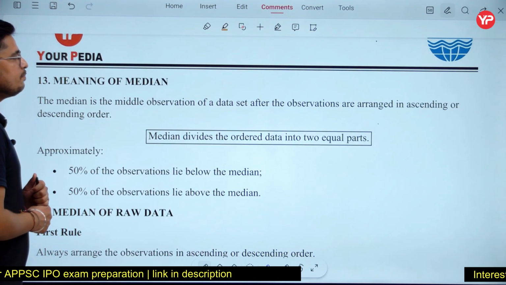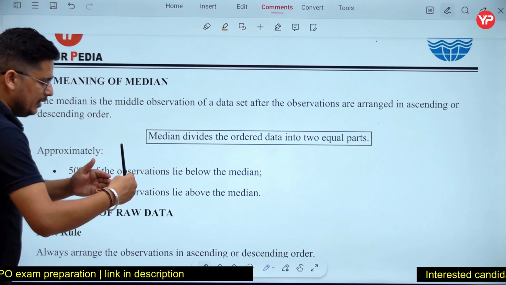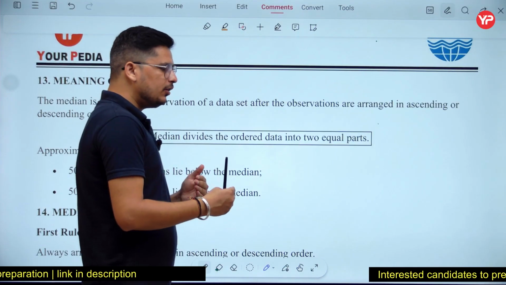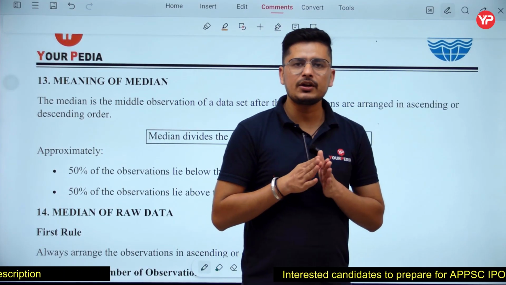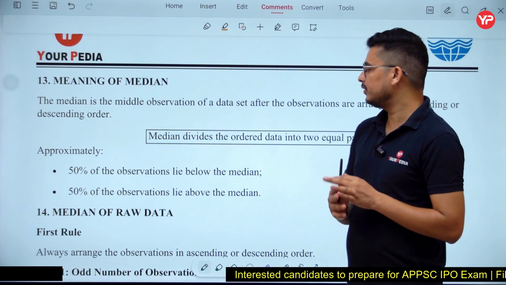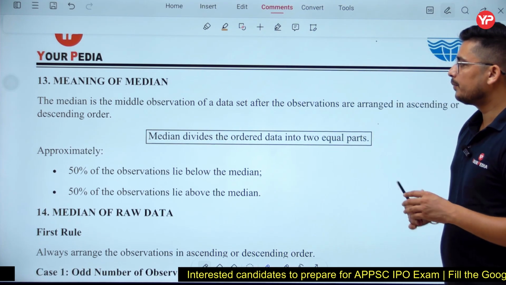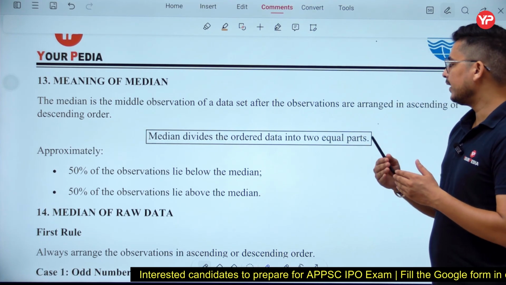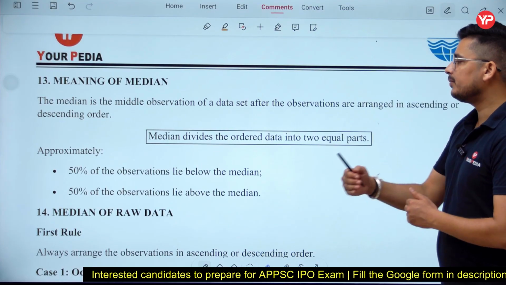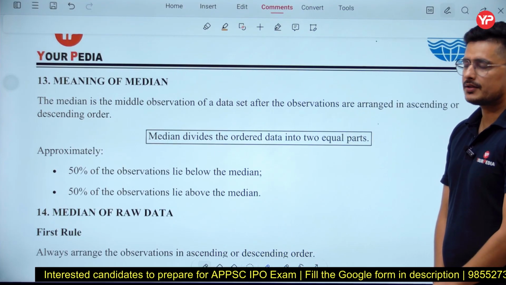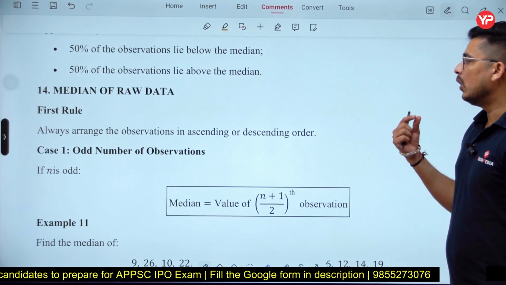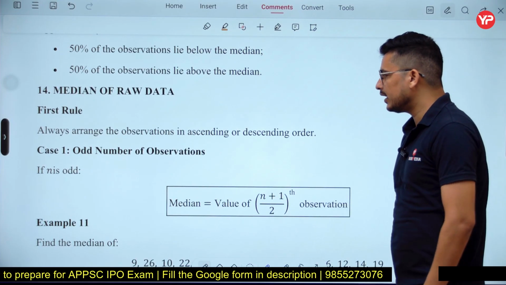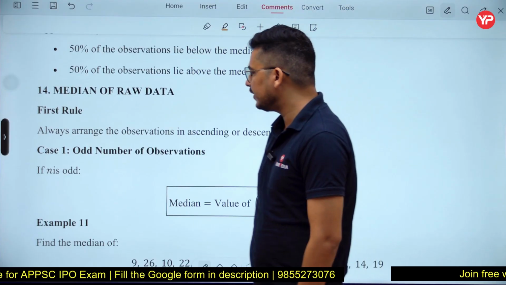Then we find the middle value. The median is the value which divides your data into two parts, so 50% of observations lie above the median and 50% lie below it. So the first rule to find the median: always arrange the observations in ascending or descending order.